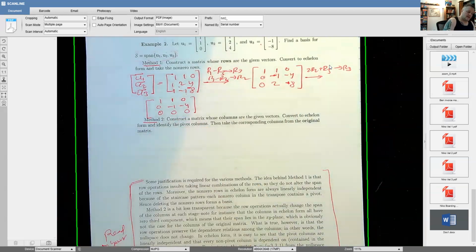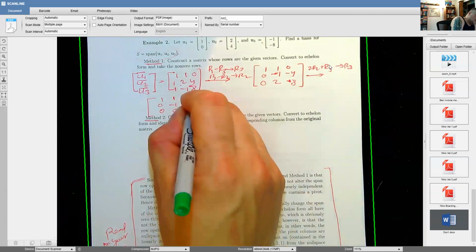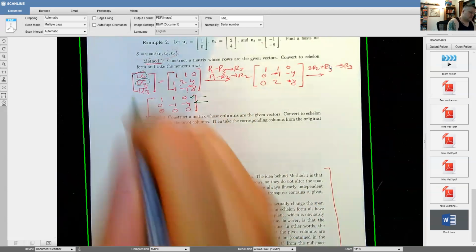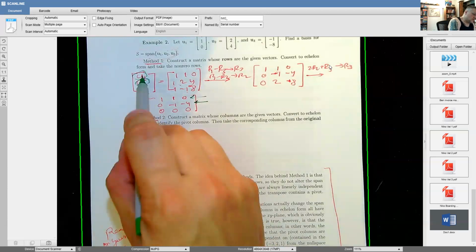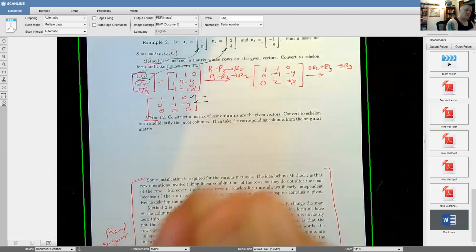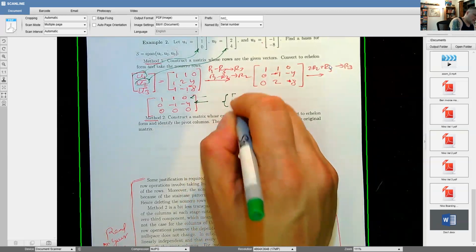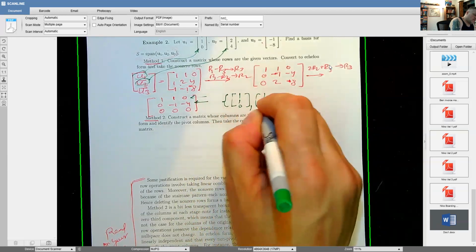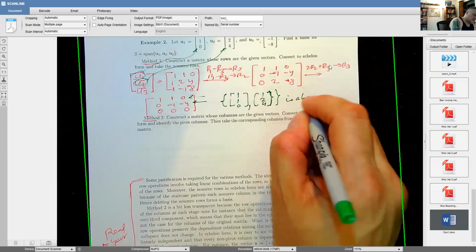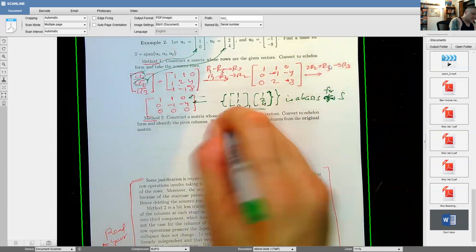All right, and so the claim of this approach that I'm describing down here is that these rows are the non-zero guys. They came from these vectors, right? And so we're going to use those vectors back in column form, right? So I just converted to row form for the process, but you go back to their original form and conclude that the basis for S is that guy.